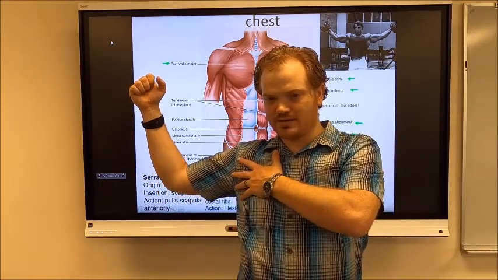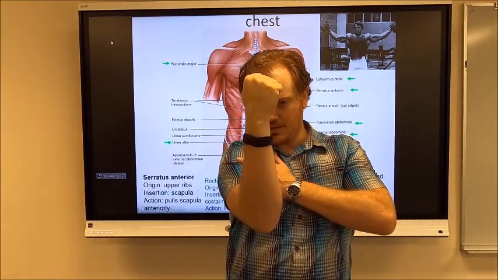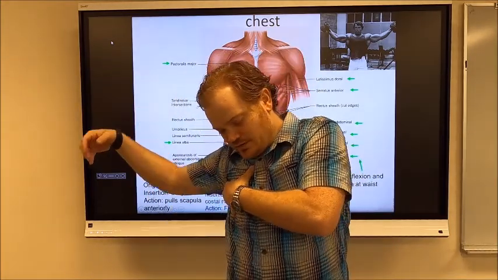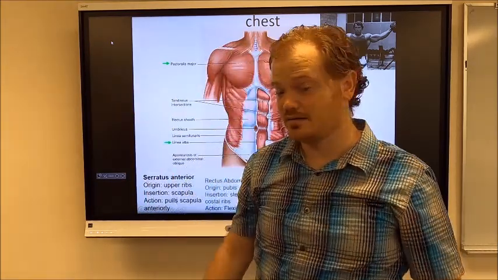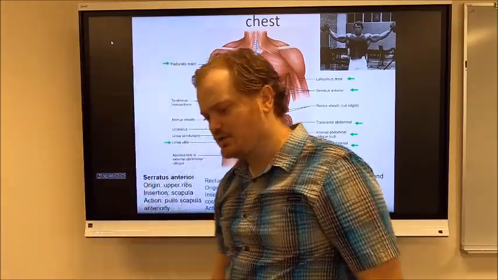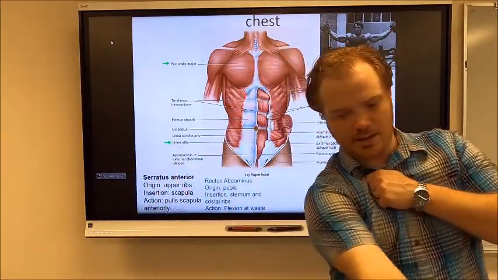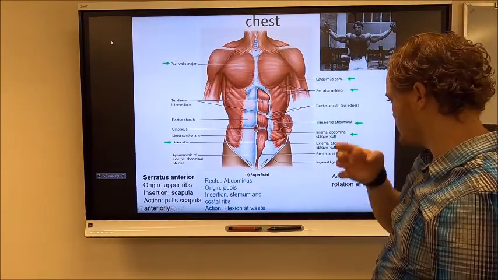So if I have my arm out like this, when I contract my serratus anteriors, it pulls the arm in like so. And if you really dig into your armpit, you can feel those muscles flexing as you move. Those are serratus anterior. Serratus anteriors give you your tennis swing, or swinging a bat or something like that. What else do we want to do?